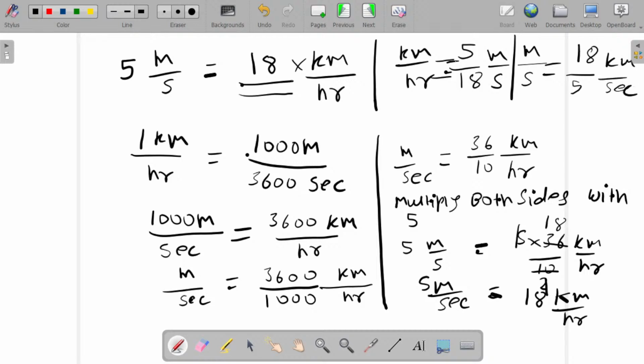So it's another formula using which we can convert the given speed from kilometer per hour to meter per second, or from meter per second to kilometer per hour. Sorry, my mistake.